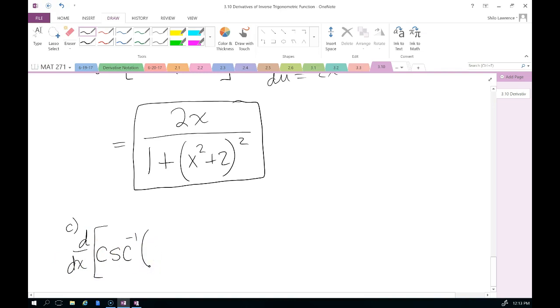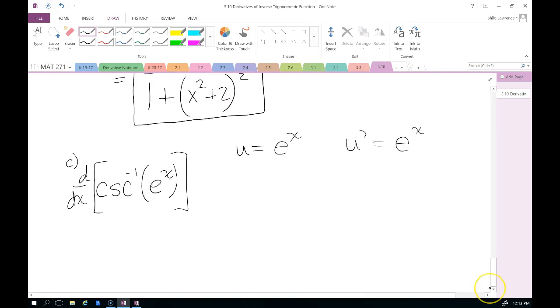The derivative for cosecant inverse of, let's say, e to the x. Here our u is e to the x, and u prime is also e to the x.